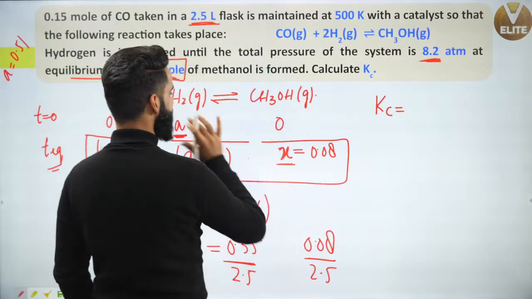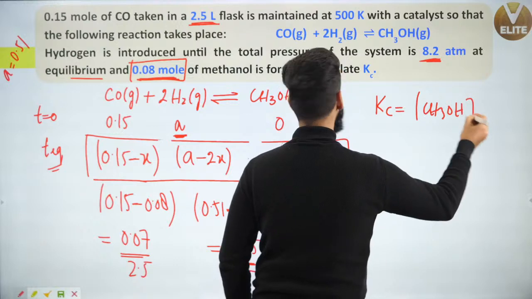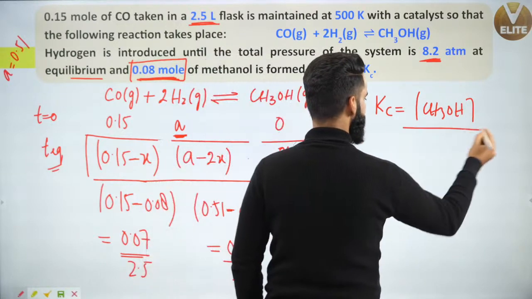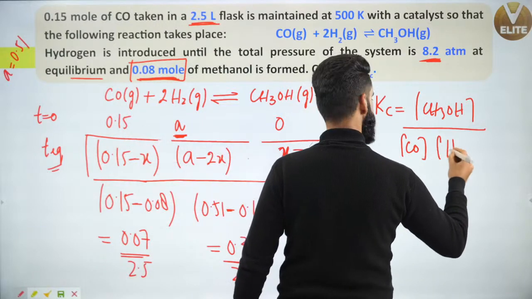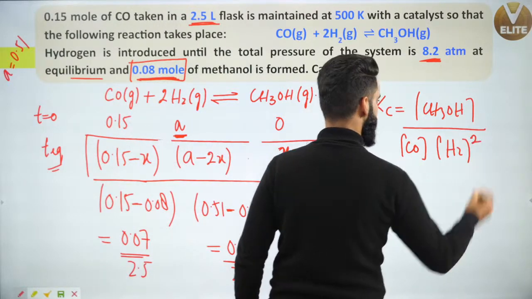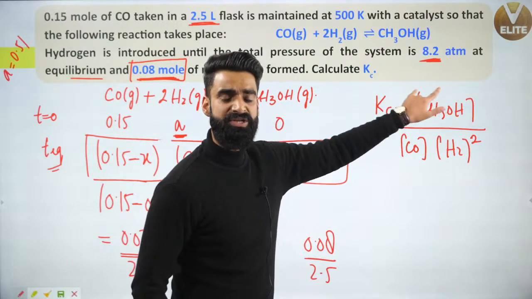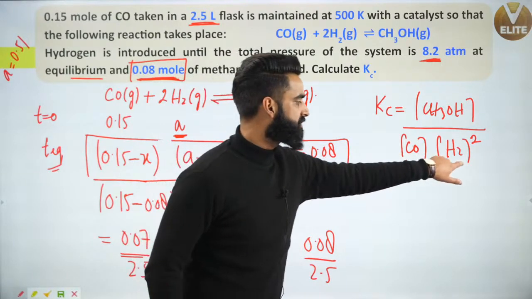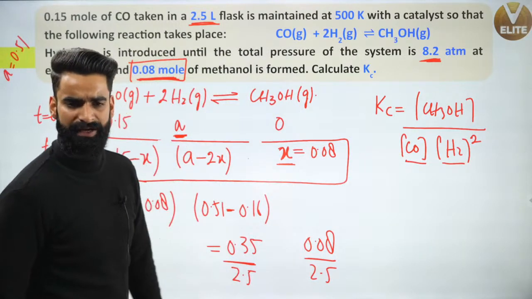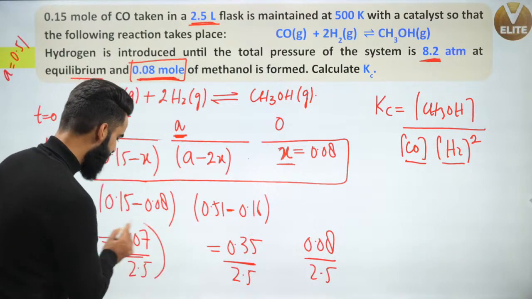The Kc expression for this reaction is simply the concentration of CH3OH to the power of its stoichiometric coefficient, that is 1, divided by the concentration of carbon monoxide gas to the power 1 multiplied by the concentration of H2 gas to the power 2. I have got all the values. This is the concentration of CH3OH at equilibrium. This is the concentration of carbon monoxide at equilibrium. This is the concentration of H2 gas at equilibrium. Very, very simple.